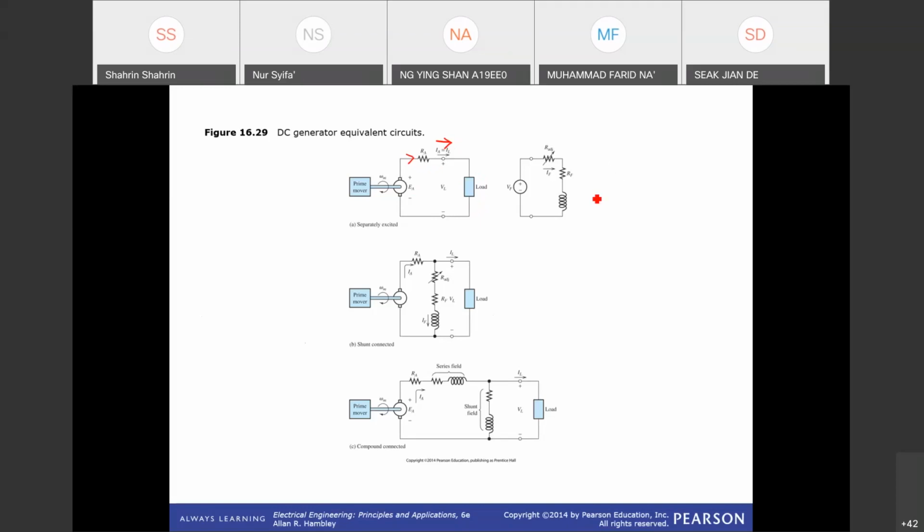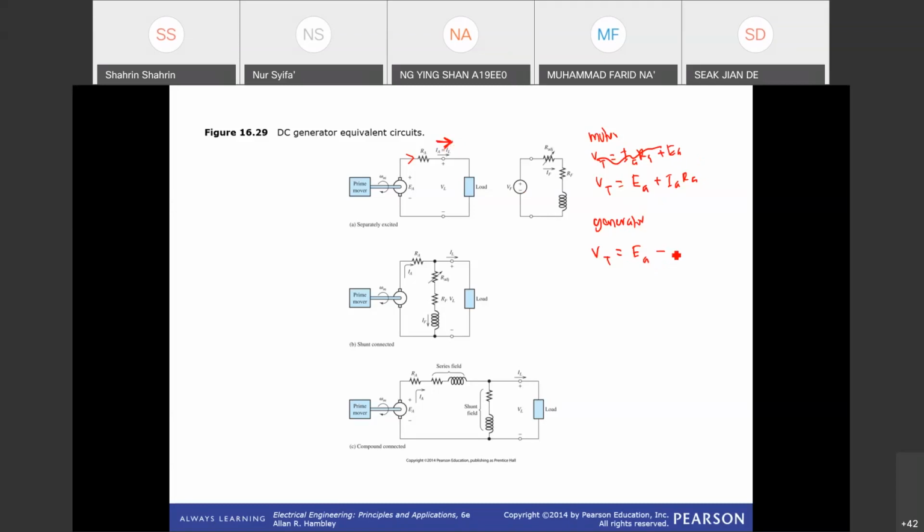Okay, so right now your armature equation, for the motor, is VT equals IA RA plus EA. Or you can write VT equals EA plus IA RA. But for the generator, VT is equal to EA minus IA RA, because the direction of the current is going in the reverse direction.